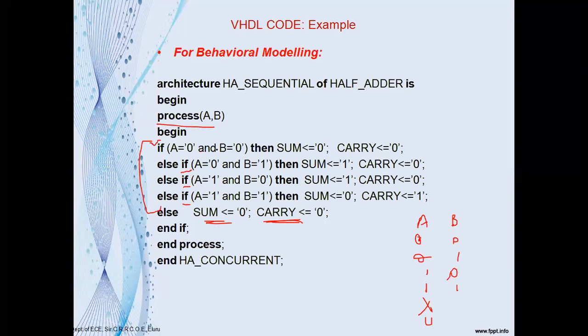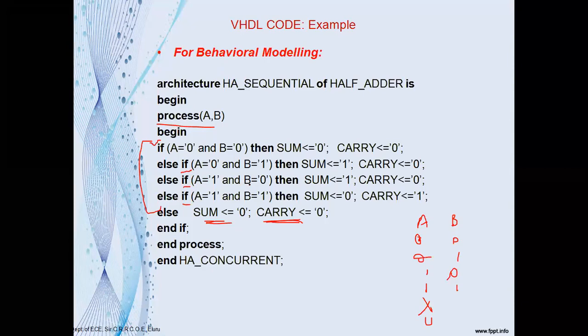Remember this: in behavioral modeling, we start with the process statement, and in the process, the statements are executed sequentially. The statements inside the process statement are sequential statements. That's why behavioral is a sequential statement. We have discussed this point in our levels of abstraction also.